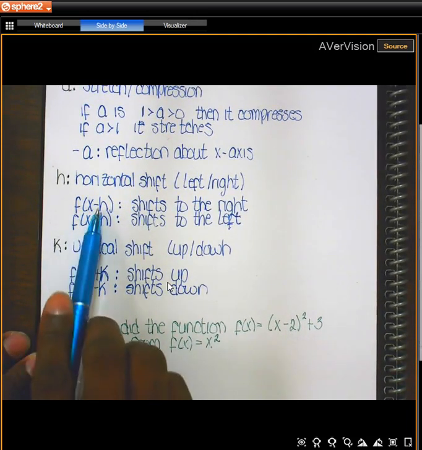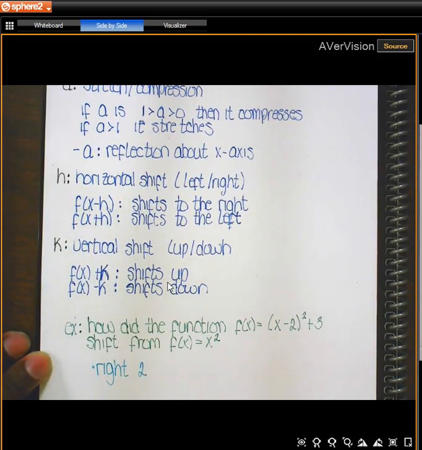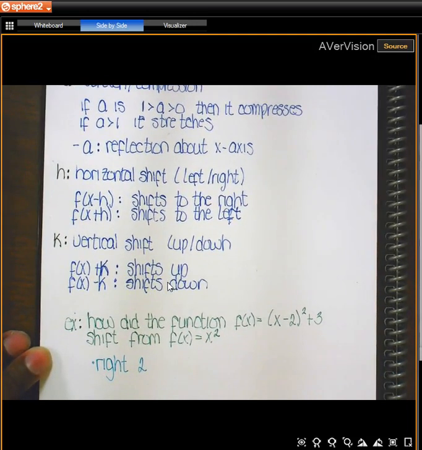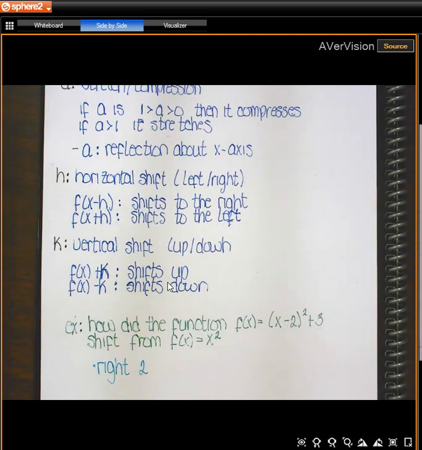So comparing it to this one. Anytime you have a minus and a number here, that means we went to the right. If it's a plus, that means we went to the left.